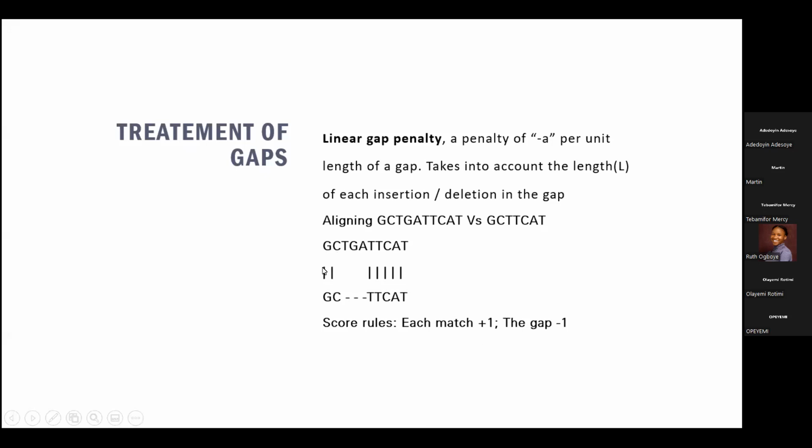It's the same rule as the other one we just finished. So this is 1, 2, 3, 4, 5, 6, 7. So 7 minus 1, that's 6. 6 minus 1, that's the second gap, that is 5. 5 minus 1, that's the third gap, that's 4. So the alignment score for this is 4.